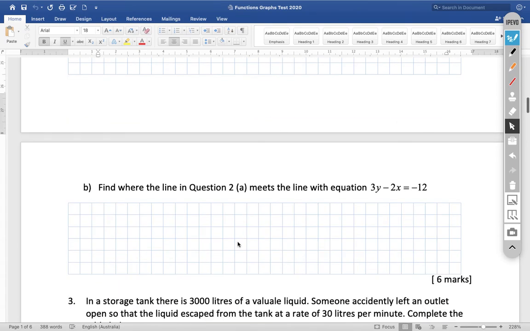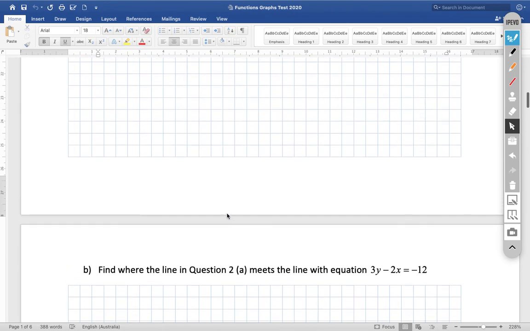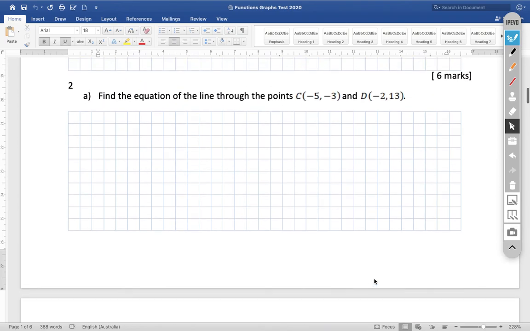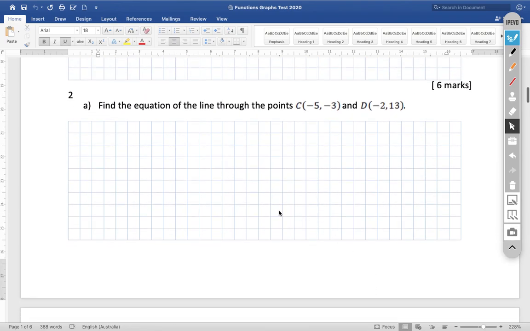I would like to see working out, right? So for example, even if you're using the calculator, you've got to rearrange this equation to enter it into your calculator. So at a minimum, you'd need to show that. And you'd need to write statements like this equation is going to equal the equation I had from 2a.